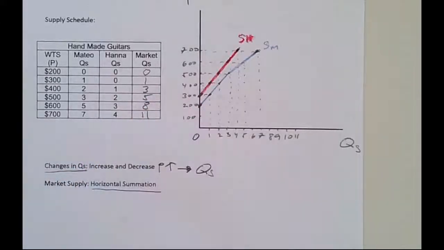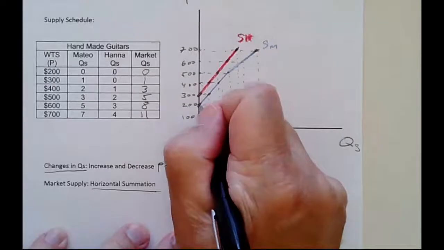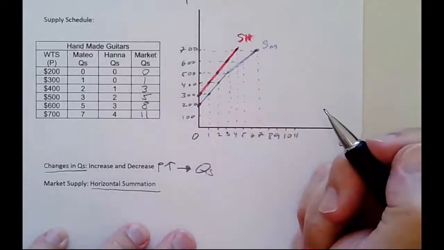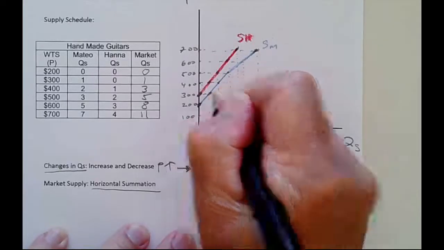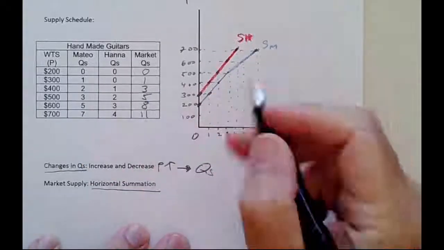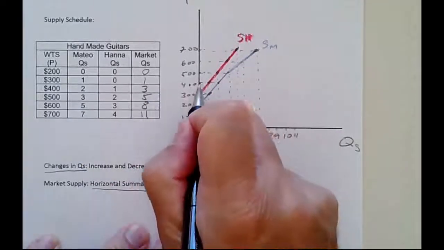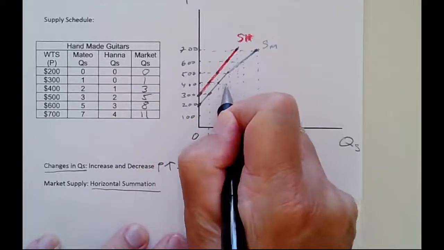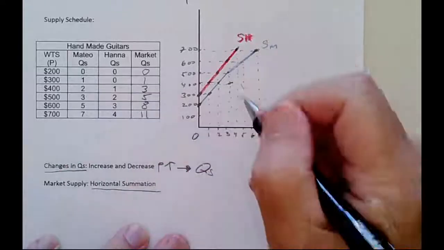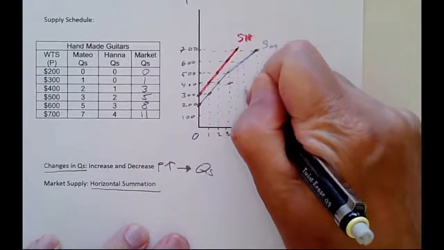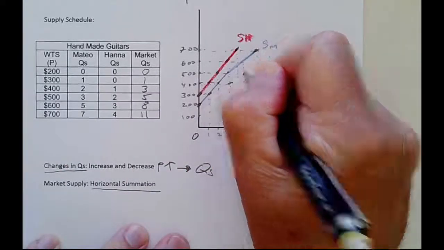So now the market starts at $200, just like with Mateo there, and then we go up to 1. So the market is now just Mateo. When we get to $400, now we're going to have 3, and that'll be out there. At $500, we now have 5, right there. At $600, we have 8.